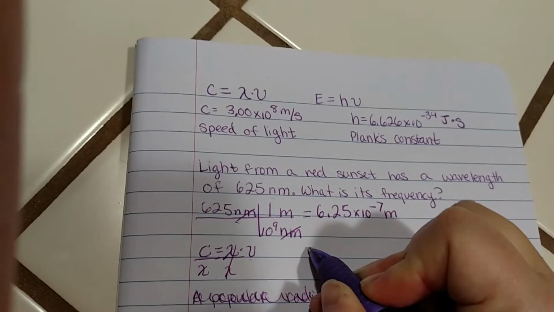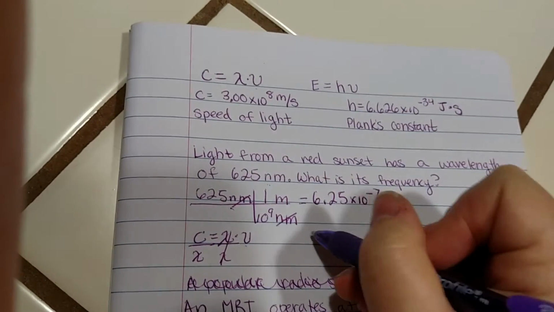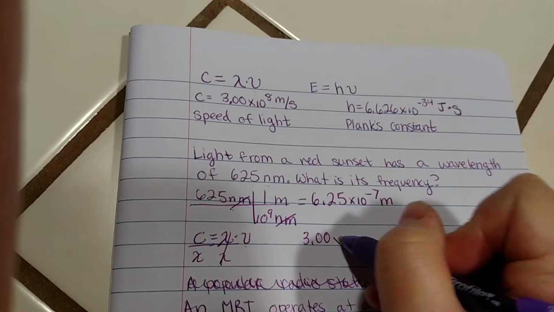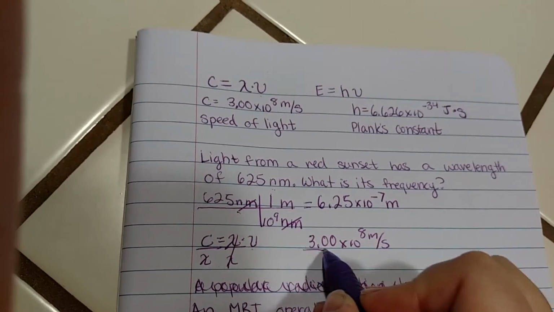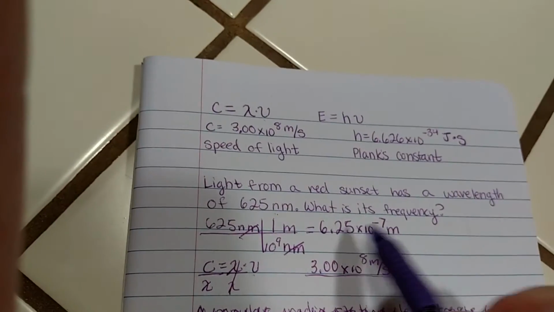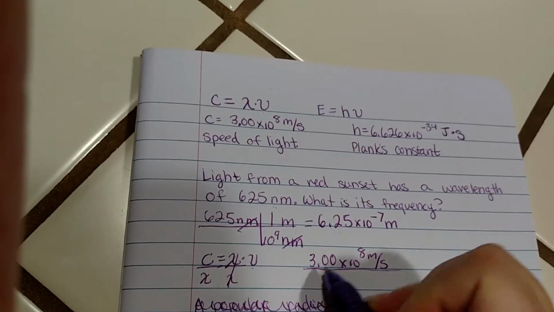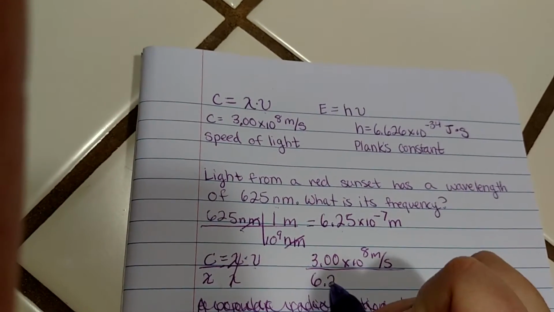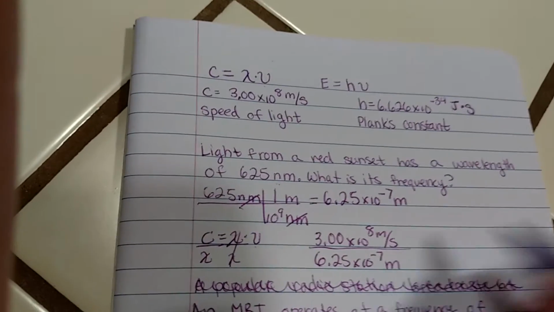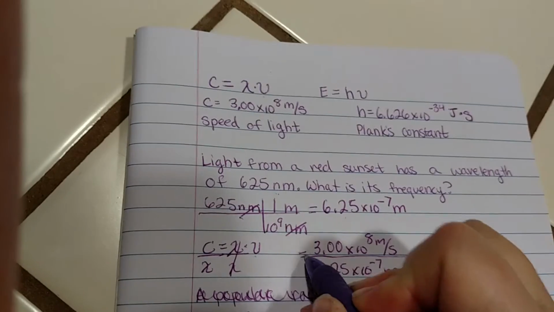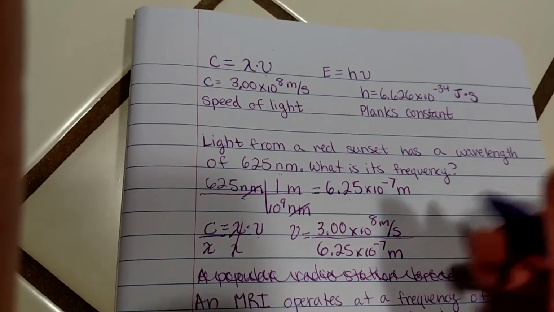We take our c value, 3.00 times 10 to the 8th meters per second, and divide it by our wavelength, 6.25 times 10 to the negative 7th meters. And this will equal our frequency.